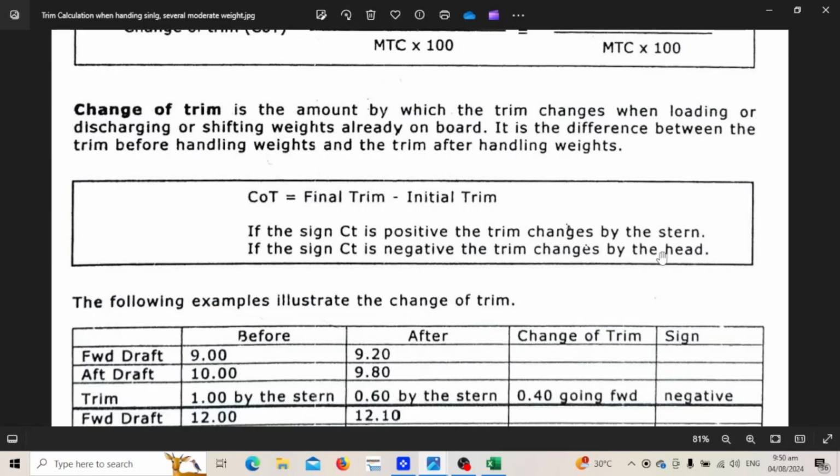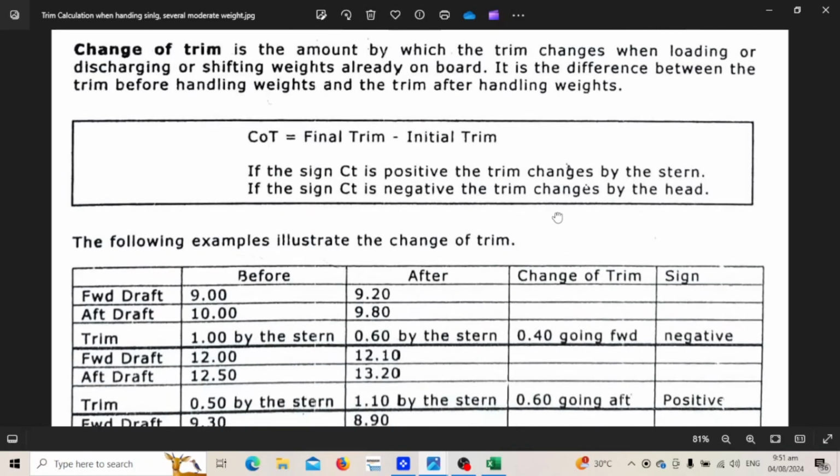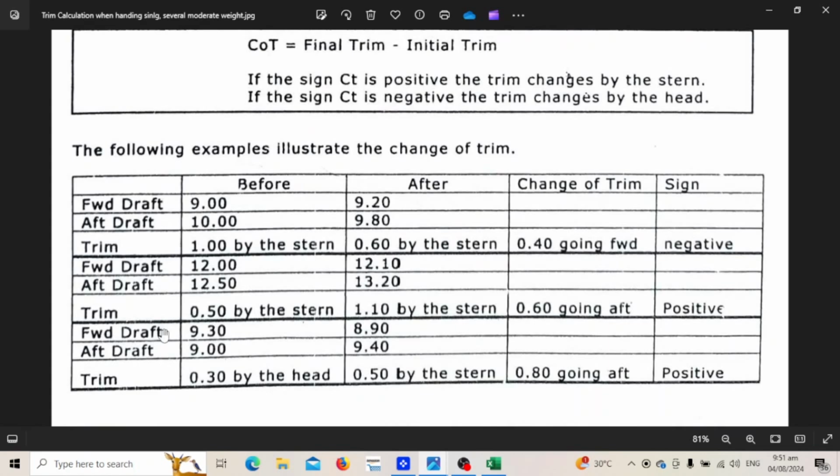But if you are trimmed by the head, then the change of trim is negative. This is how it says. Here are examples of when you are trimmed by the head or trimmed by the stern, and the signs. So have time to study this one and how they get the change of trim and the sign.